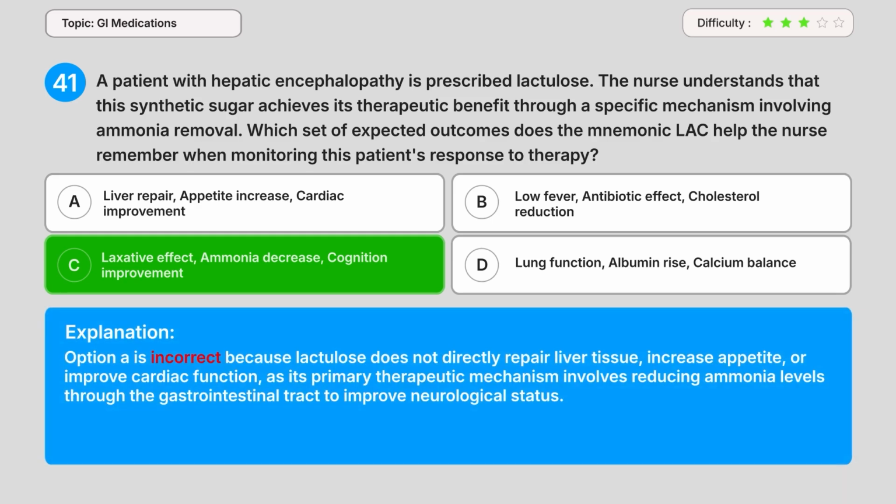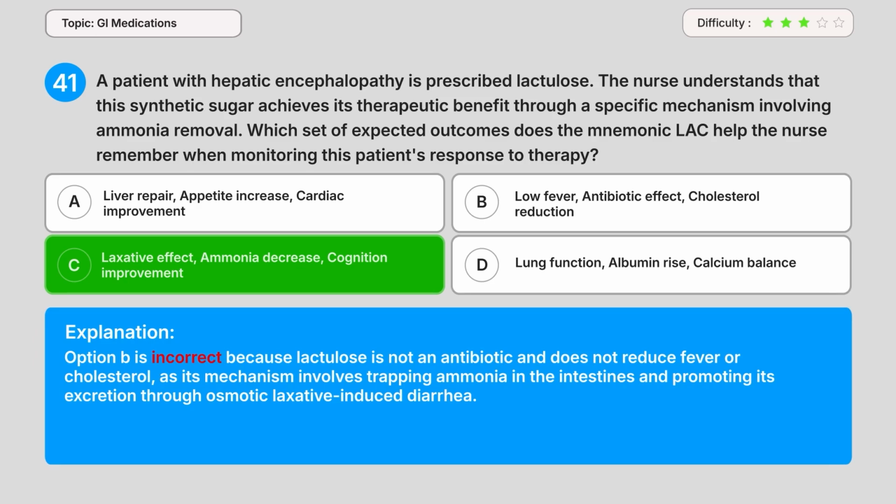Option A is incorrect because lactulose does not directly repair liver tissue, increase appetite, or improve cardiac function, as its primary therapeutic mechanism involves reducing ammonia levels through the gastrointestinal tract to improve neurological status.